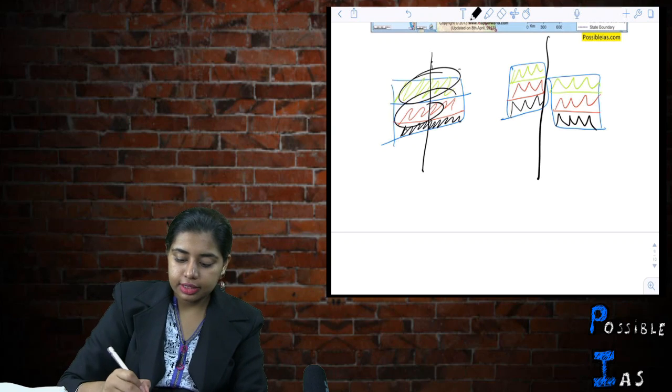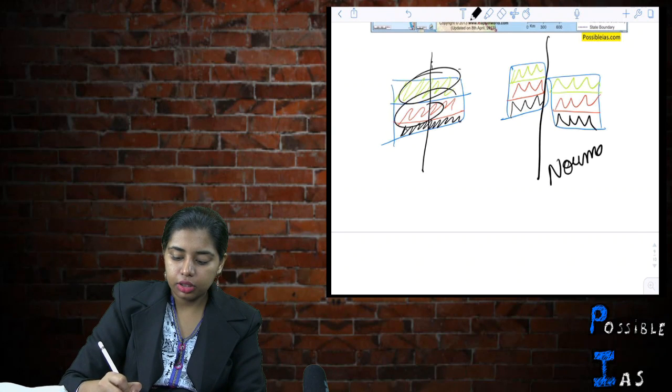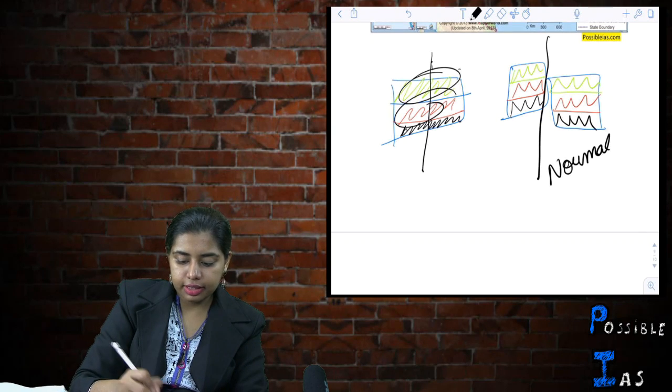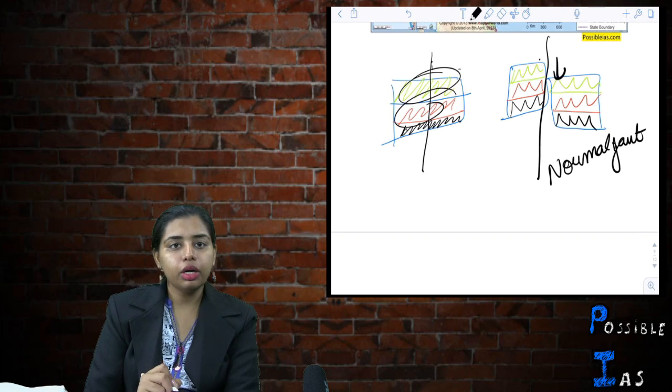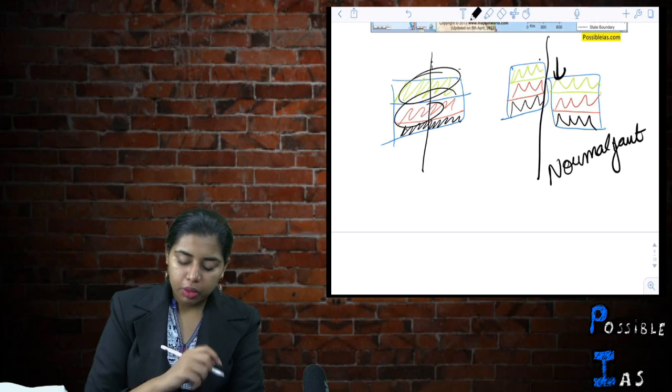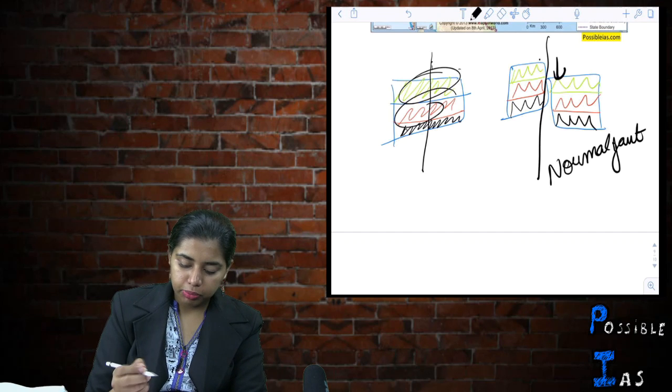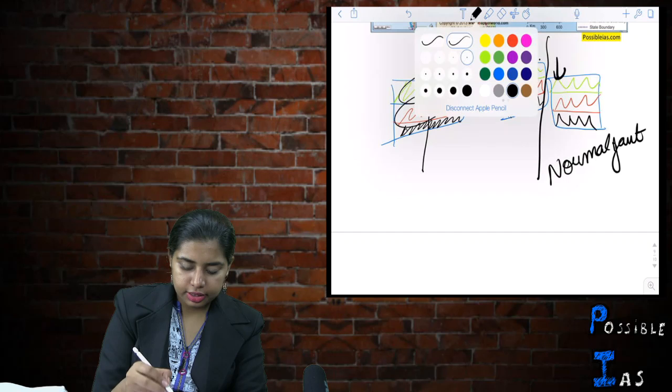This has remained in its position whereas this has moved down. This is known as a normal fault. Now what is the other thing that can happen, that one block can move up.